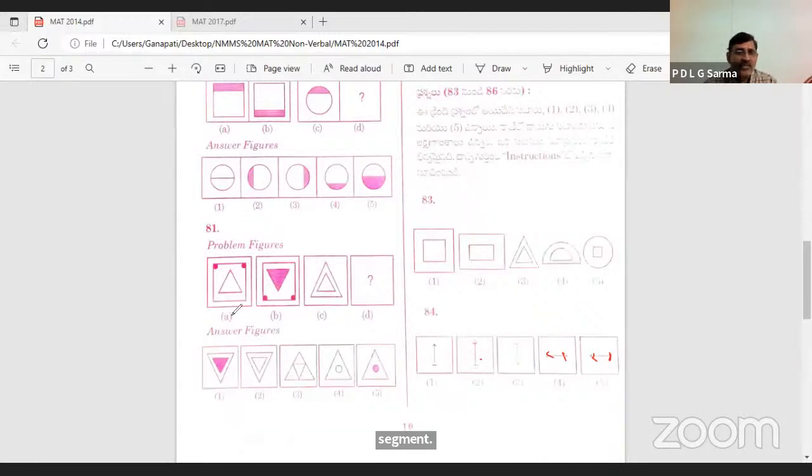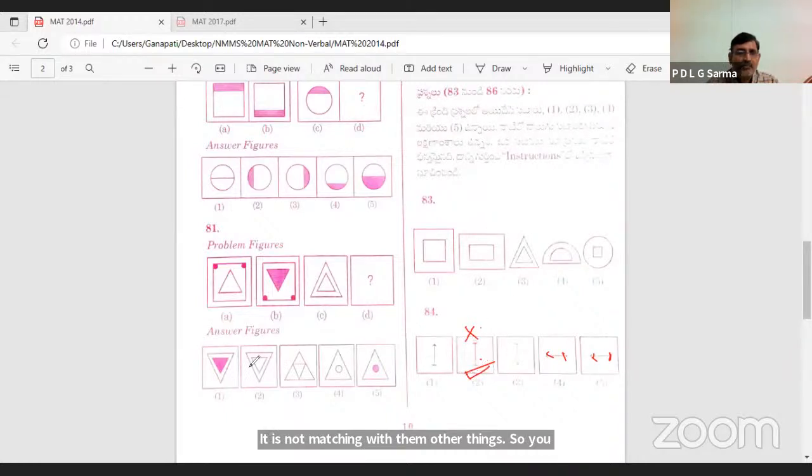Yes. So 2 is the correct answer. This is the odd man. It is not matching with the other things. So you can say that this is the correct answer.